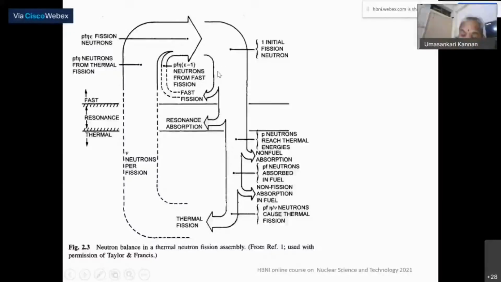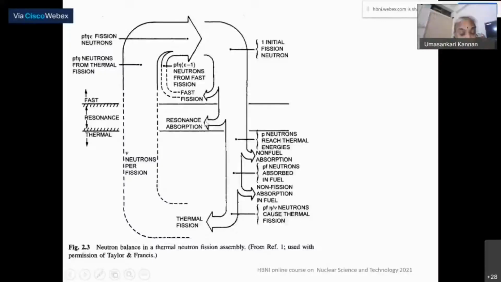And further, these neutrons get slowed down to keV regions. That is because of the interactions with the nuclei of the medium, like the moderator or uranium-235 and so on. They come into the resonance energy regions, and they will get resonantly captured, where there are a lot of peaks which we saw.